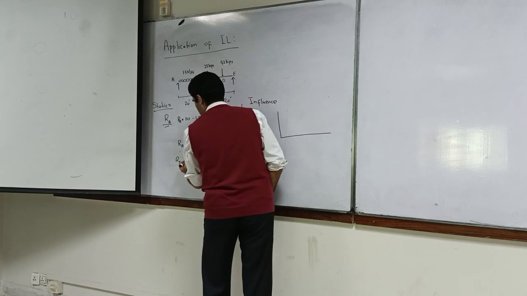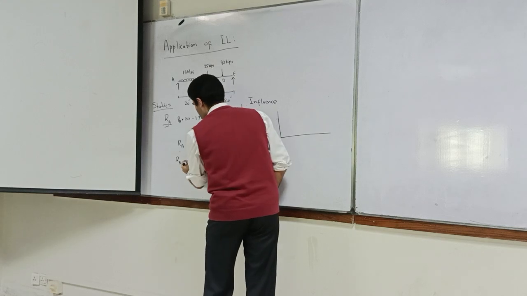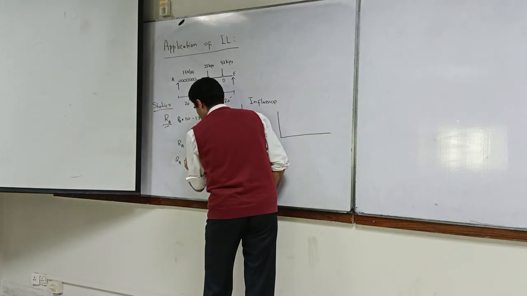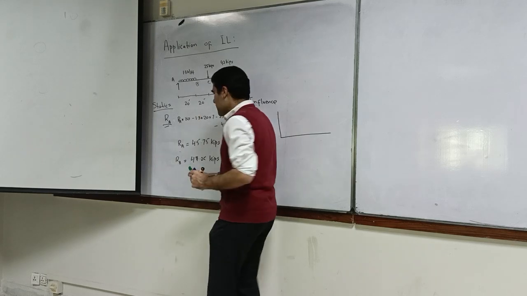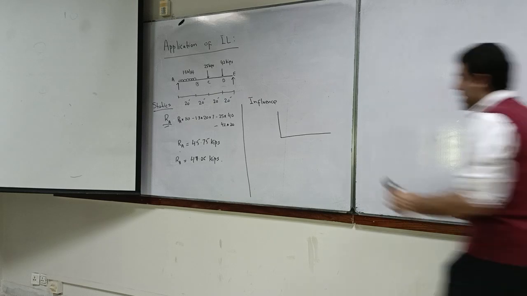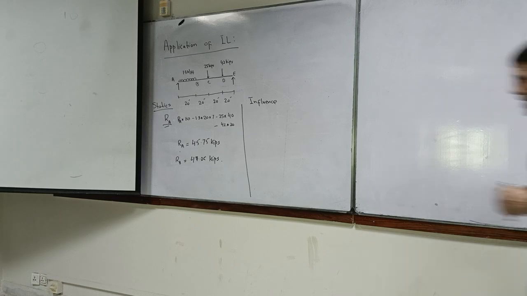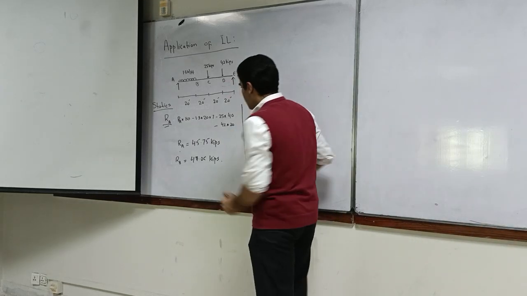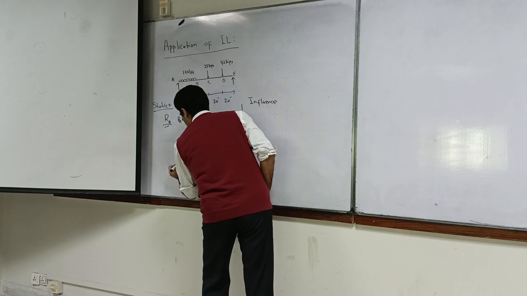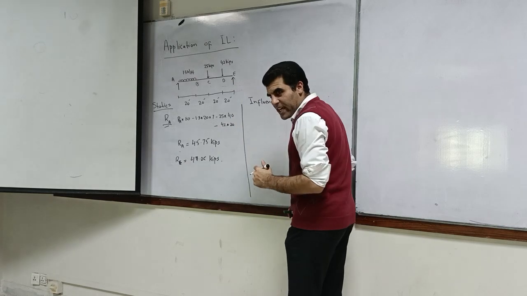Is it okay? 47.25. Yes, 47.25. That's okay. Now, let us use influence line diagram. In case of influence line, so this is RE, not RB, RE. So for influence line diagram, for RE, what is that?